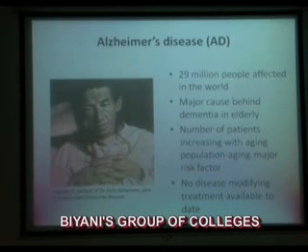And to date, there is no disease-modifying treatment available, but there are, of course, medicines that improve the life quality of the patients, but we need to find the missing pieces in understanding the mechanism of Alzheimer's disease.